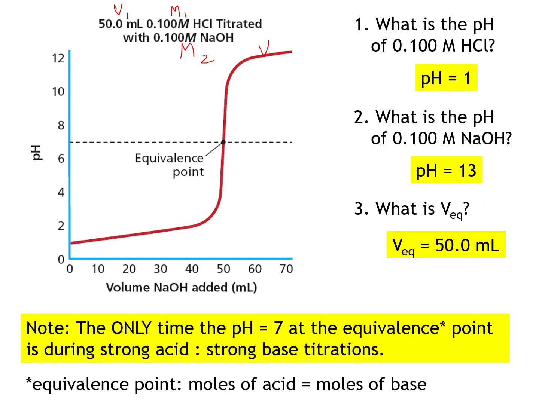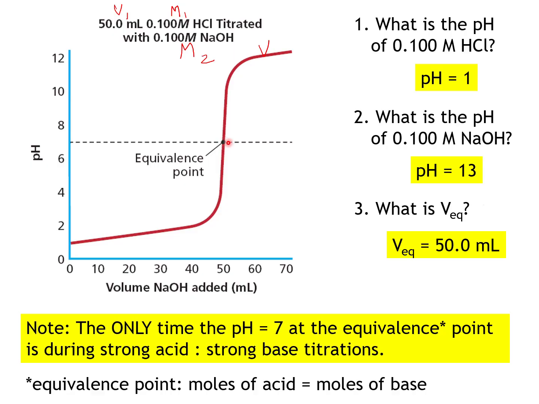So the way you figure out where the equivalence point is just by looking at the titration curve is you want to go halfway up this spike. There's a number of ways you can do it. You can measure a straight line from there, measure a straight line from up above, and take the midpoint.